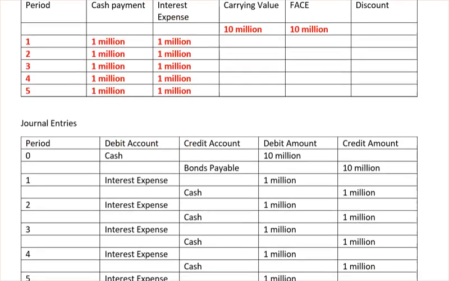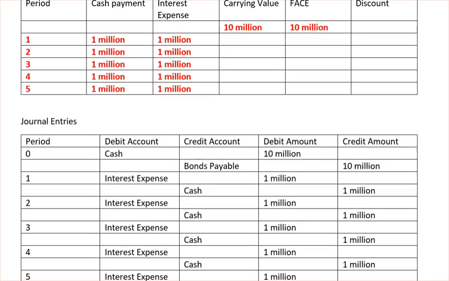We can go through this and we can look at the situation where our stated and our market rates are the same, and we can calculate the interest expense and say interest expense in this situation is carrying value at the beginning of that period of time times the market rate. And when we do that, we come up with $1 million.